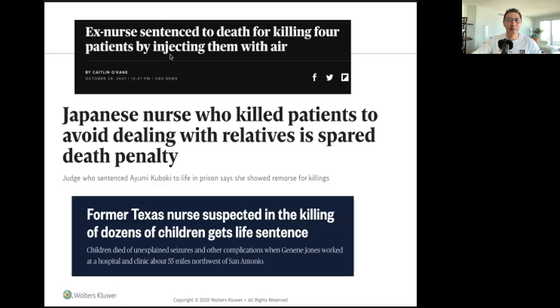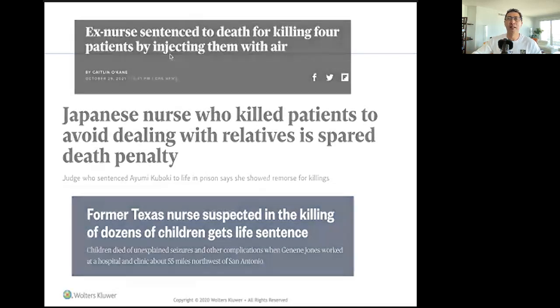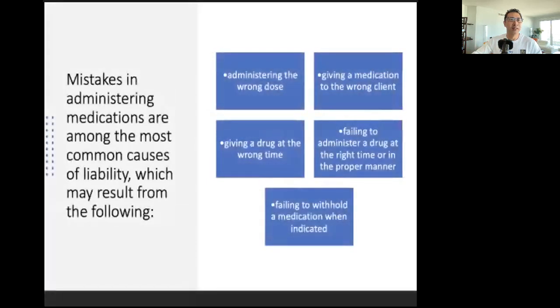Alex said in 2021. All right, mistakes happen when you're administering medications, and it's okay. It's not the end of the world as long as you acknowledge it. What does air injection do?